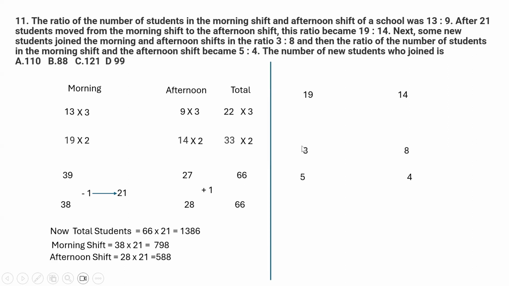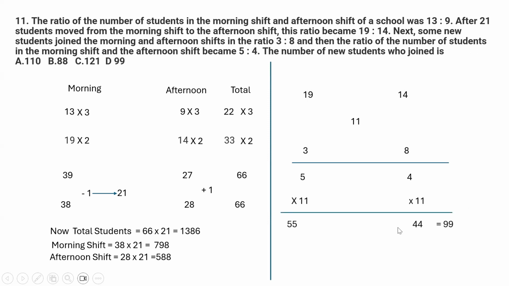And 3 is to 8 is the ratio of the number of students which were added. So when we find this middle term, 3 plus 11 will be 14, and here also 8 plus 11 will be 19, or 19 minus 11 will be 8. So this middle term will be 11, but the actual ratio is what? 5 is to 4. So we have to multiply 5 by 11 and 4 by 11.